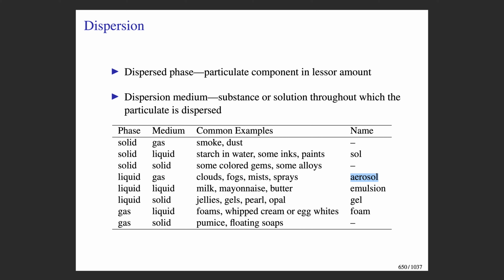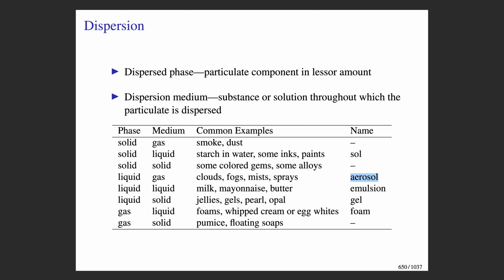Liquids dispersed through solids are called gels. If you disperse a gas through a liquid, it's called foam. You can also disperse gas through a solid, pumice stone, I guess, different types of floating soaps. Anyway, all sorts of possibilities here for colloidal dispersions.